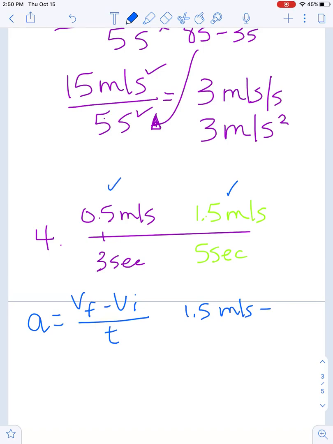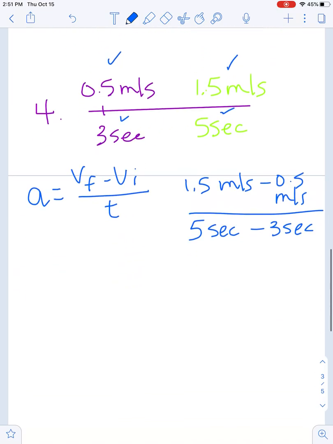Subtract off our initial, 0.5 meters per second, divided by our time, 5 seconds, subtract off 3 seconds. 1.5 minus 0.5 is 1.0 meters per second. 5 seconds minus 3 seconds is 2 seconds.